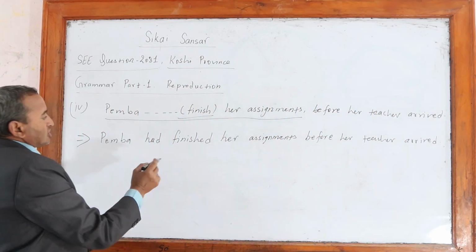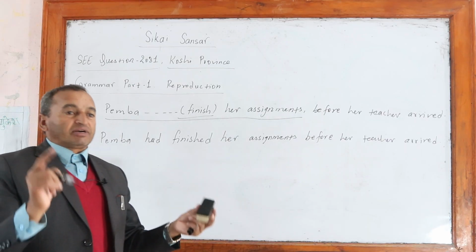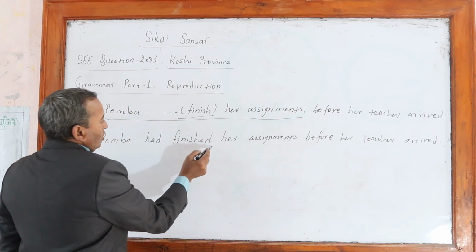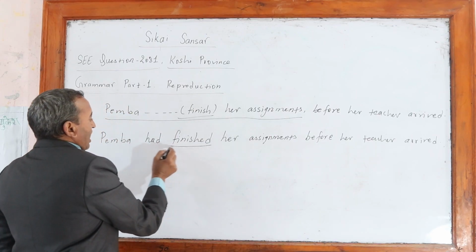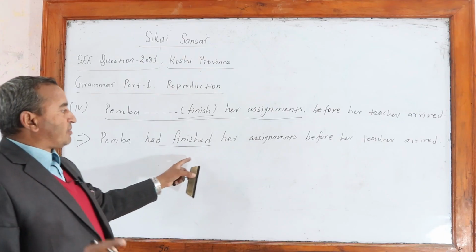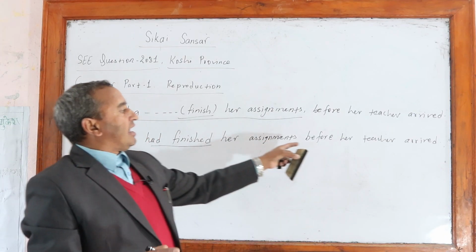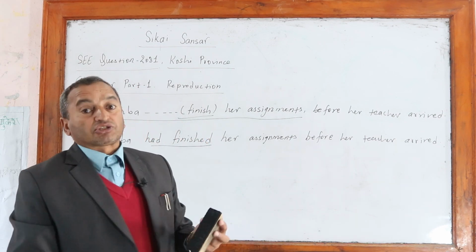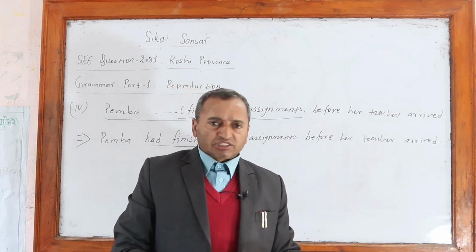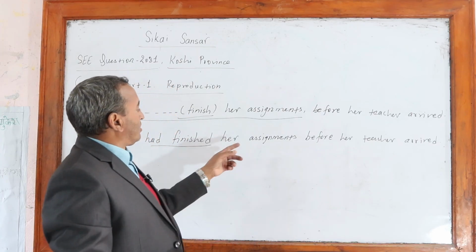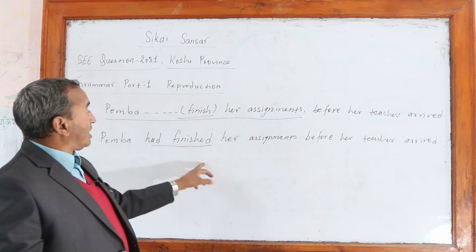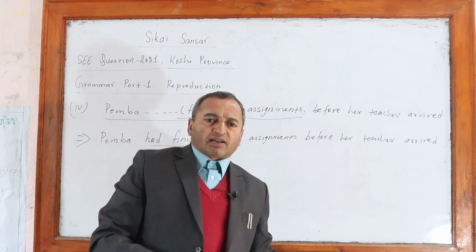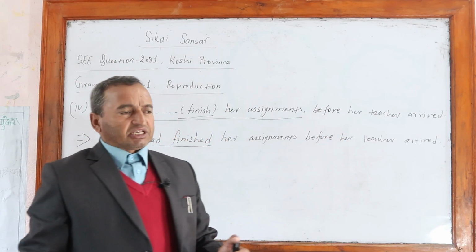So look here, the finishing activity, Pemba finishing the assignment, was done earlier, a little before the teacher arrived there, so had finished, past perfect tense, is supplied here. And her teacher arrived, that happened a little later. So the teacher arriving is expressed in simple past tense, and the finishing of the assignment by Pemba is written in past perfect tense.